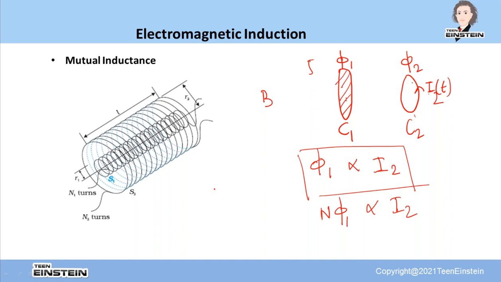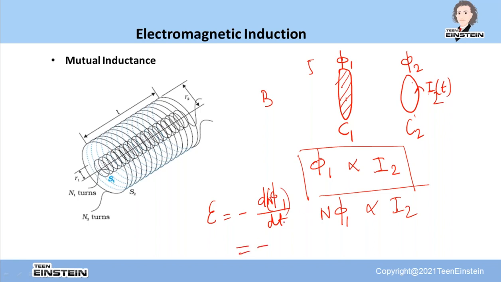If I apply Faraday's law of induction, I can find the magnitude of the induced EMF, which is equal to minus d phi 1 by dt. This is what we know. Here it will be n phi 1 because there are n turns.